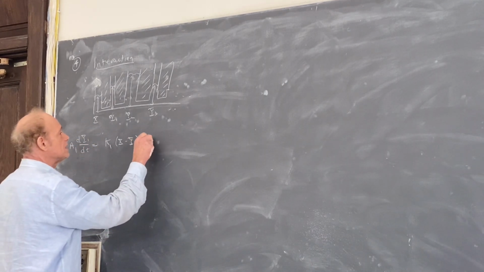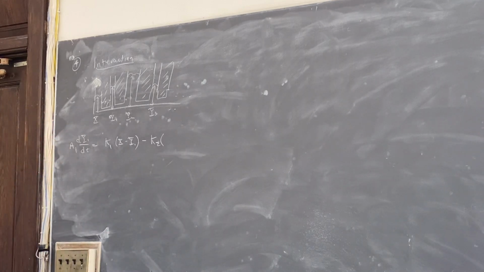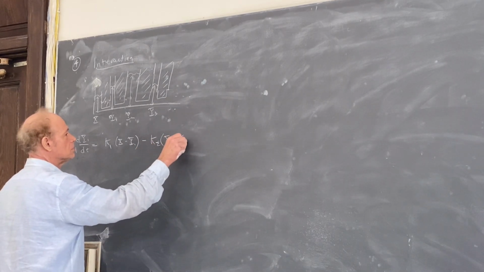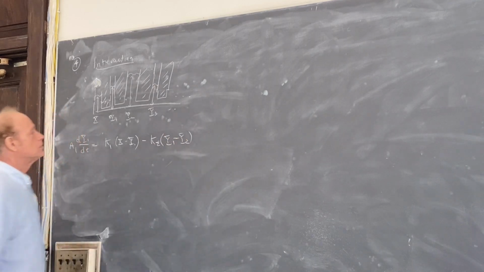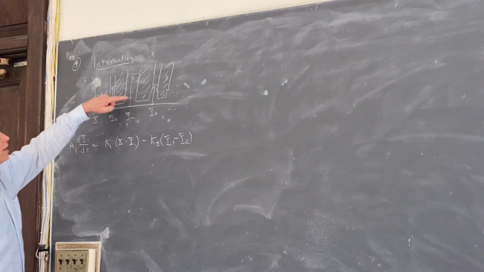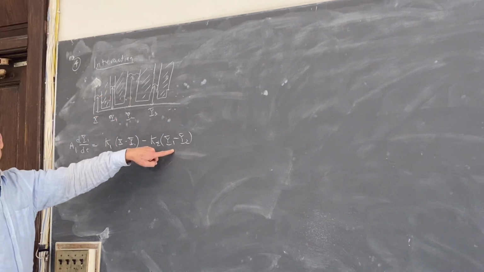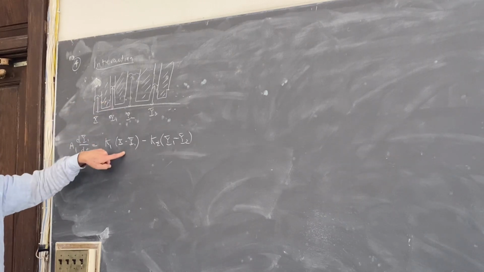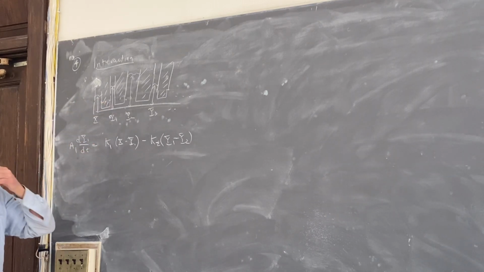And then I have a minus K2 times (y1 minus y2). So if y1 is higher than y2, it loses, it goes down. If x is higher than y1, it goes up. Is that clear?